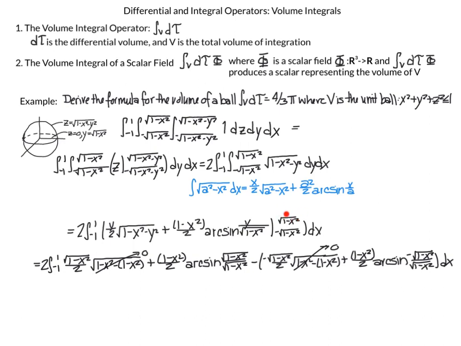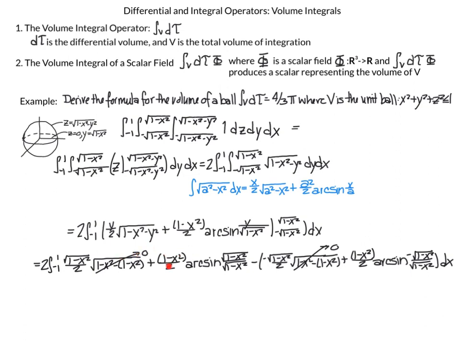Now, plugging in my limits of integration for y, because we just integrated with respect to y, I have my 2, minus 1 to 1. I'm going to plug in y as the square root of 1 minus x squared over 2 times the square root of 1 minus x minus y squared. Plugging in this squared would give me 1 minus x squared, so this cancels and it goes to 0.